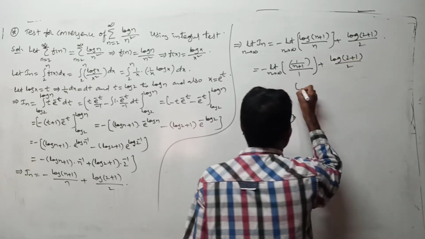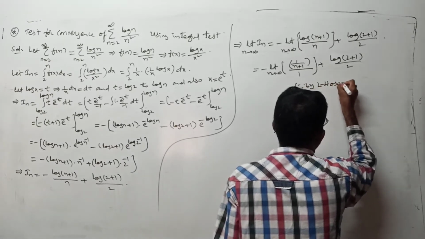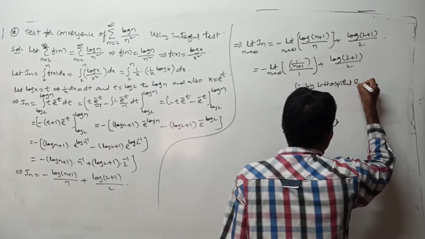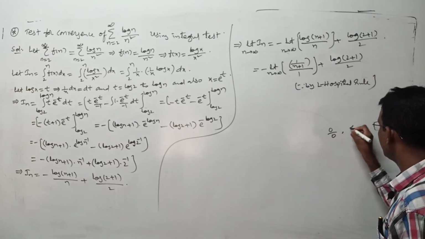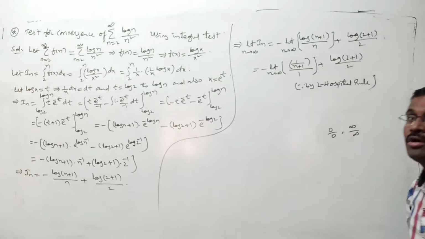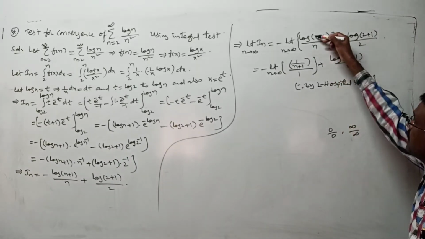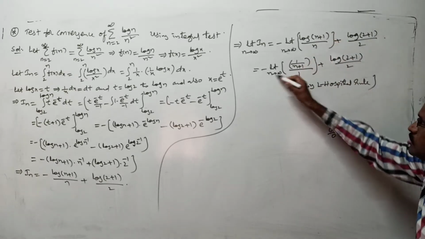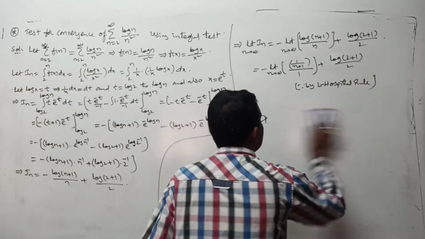Clear reason I am writing, since by L'Hospital rule. L'Hospital rule means what? If suppose in the limit you get 0 by 0 or infinity by infinity, you have to use it, otherwise don't use it. There, numerator separately differentiate and denominator separately differentiate and then use the condition. That is your L'Hospital rule condition, right?